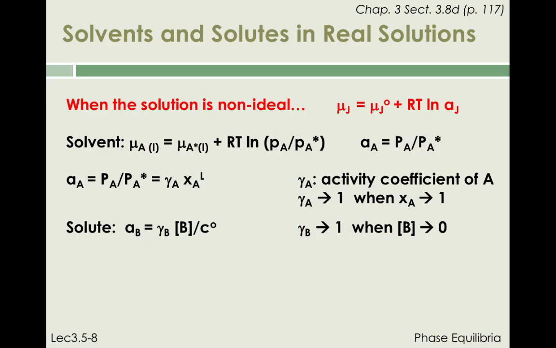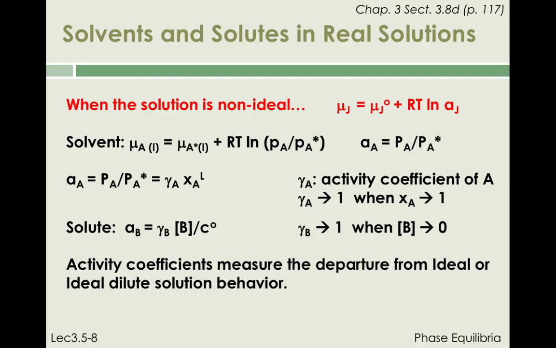Similarly, we can define an activity coefficient for the solute B called gamma_B, such that the activity of B is equal to gamma_B times the molarity of B divided by the standard molarity. Again, we expect the activity coefficient for B to approach 1 when B enters the ideal dilute solution behavior and starts to follow Henry's law.